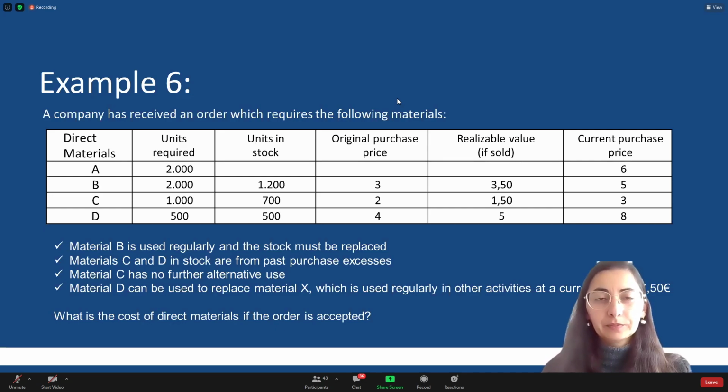So when we look at opportunity cost, it is the best alternative given up. We do not mix the different alternatives.